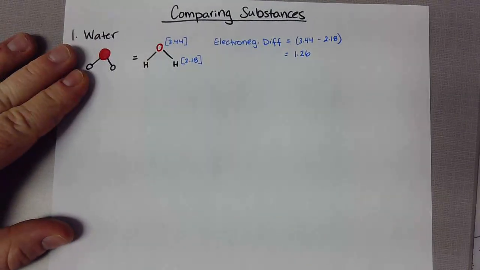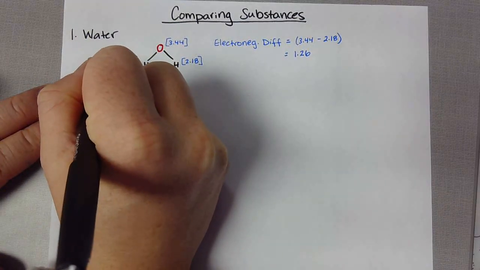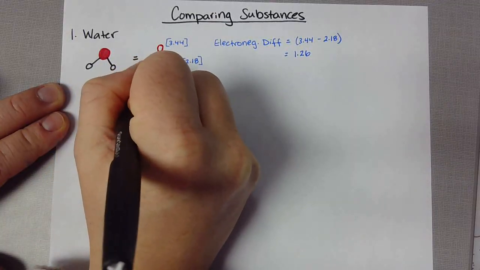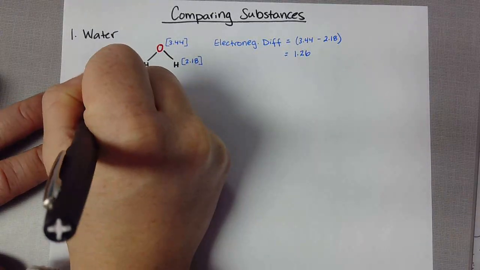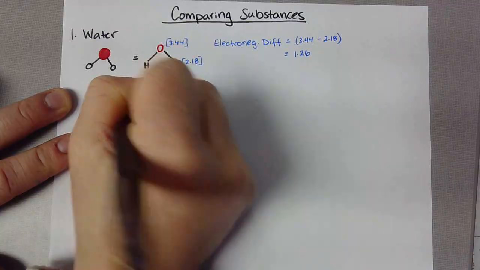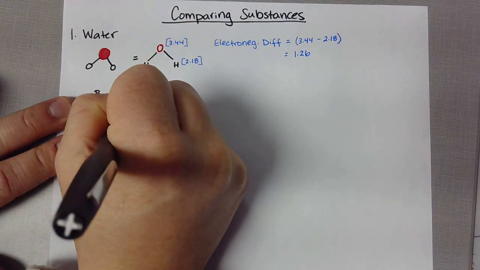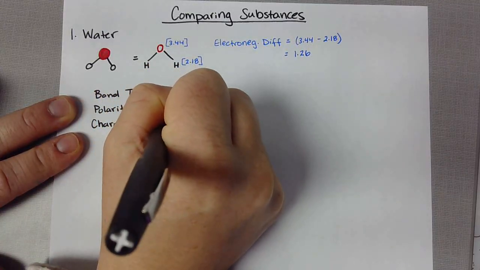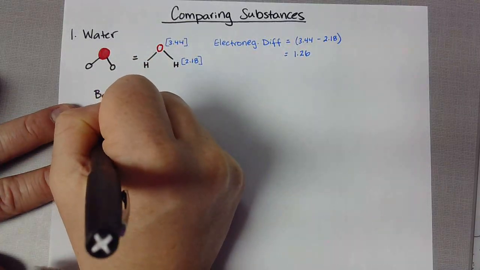I can identify a bond type. And I can use that bond type to predict the polarity level, identify whether or not I have charged regions, and use that to describe the electron location along the bond.